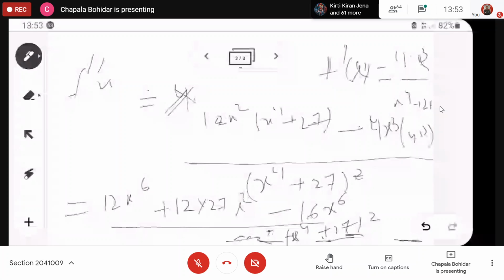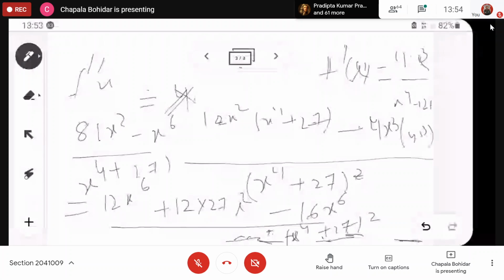So we get 81 x square minus x to the power 6, divided by x to the power 4 plus 27 square. Put this equal to 0.